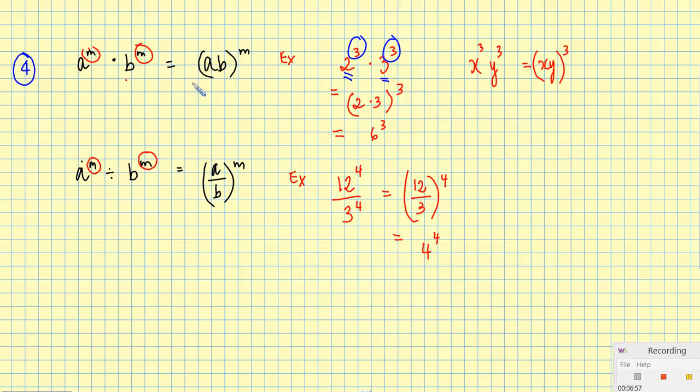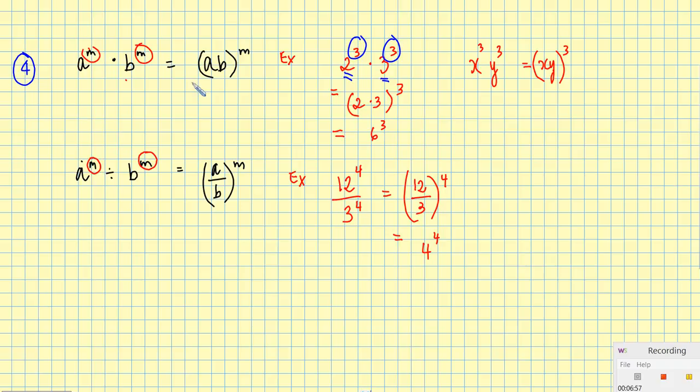Here's another law, which is where we have the same powers but different bases. So up till now we've looked at the same bases with different powers, in which we add together our powers or we subtract our powers together, depending on whether it's multiplication or division.